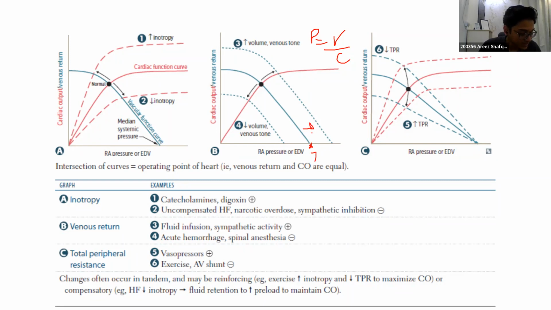Isn't venoconstriction increasing venous return because it reduces compliance? Yes, you're right, Isra. Exactly. So what you're getting confused with is that sometimes we discuss venoconstriction, sometimes we say vasoconstriction.